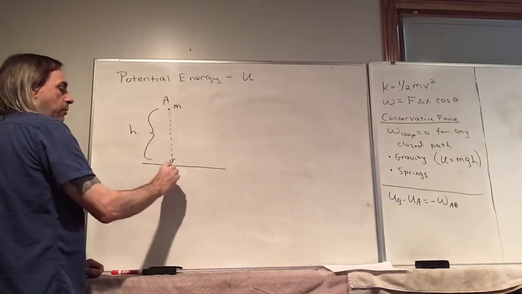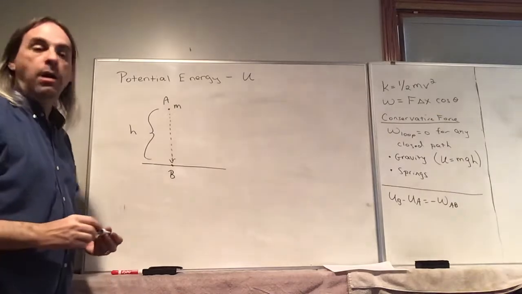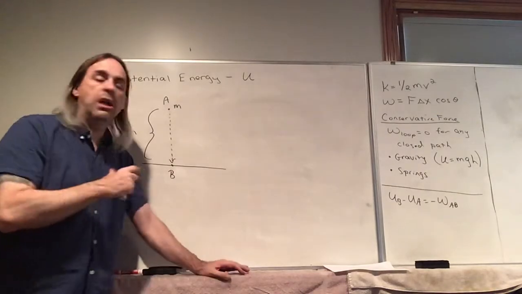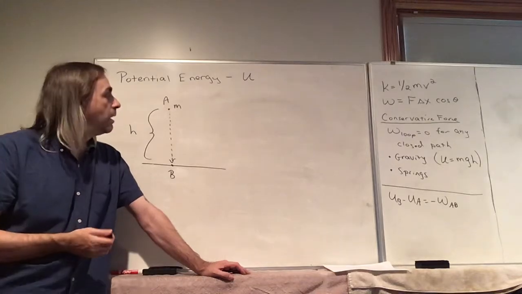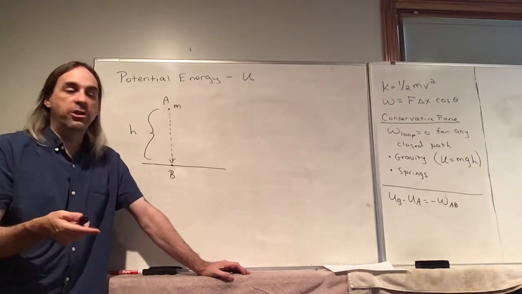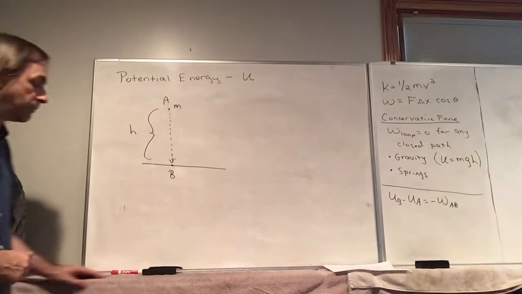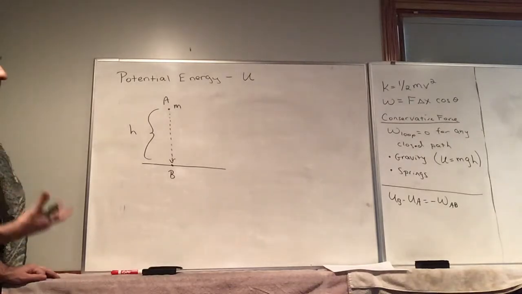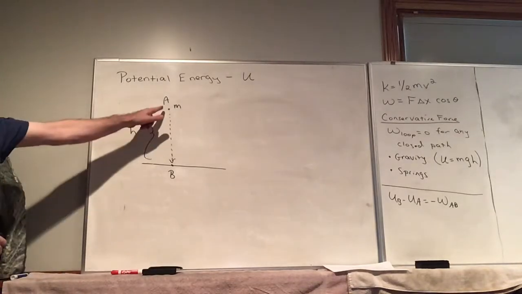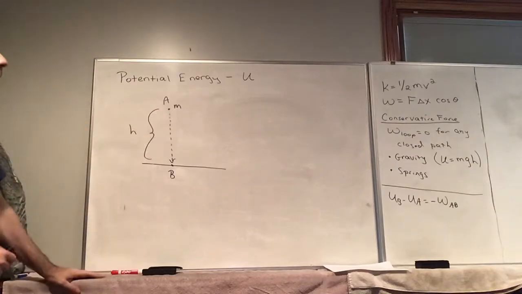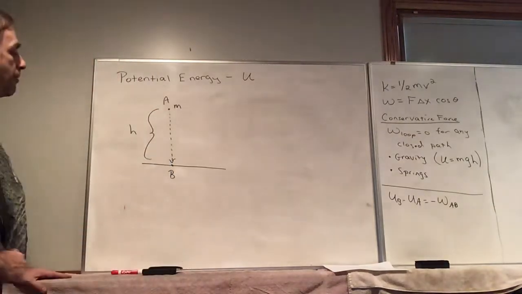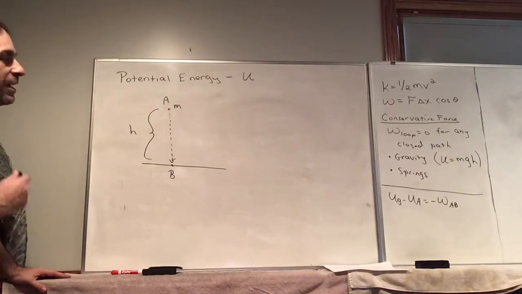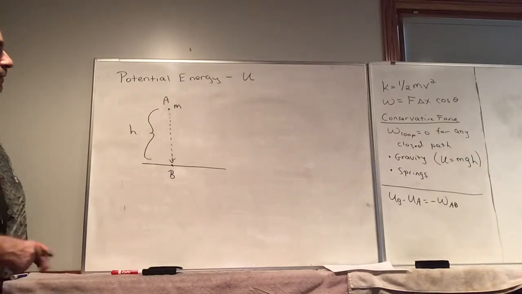So I'll put these labels here. Okay, so first off we check the only force acting on it is gravity. We ignore friction for now. And so we have a conservative system. So our system is just this mass, and the only force acting on it is gravity, so that's a conservative system. So we can say the mechanical energy is conserved.